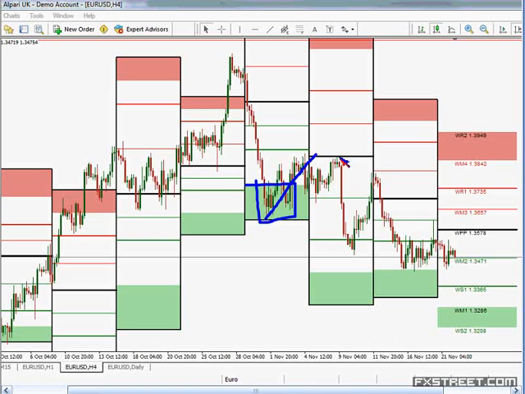Okay, well that might be a break of a central pivot on a daily pivots chart, and I would not mind betting that there, in fact we can take a look, is that red area on the euro I was just showing you.